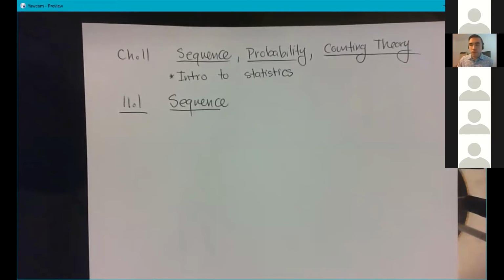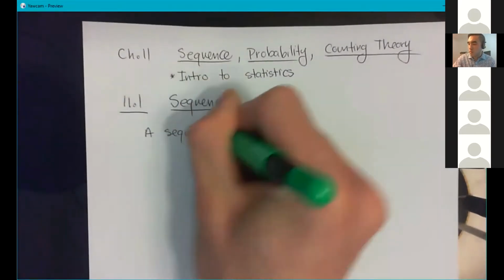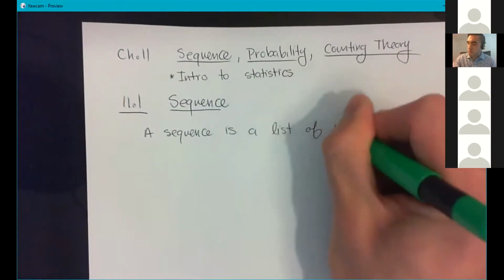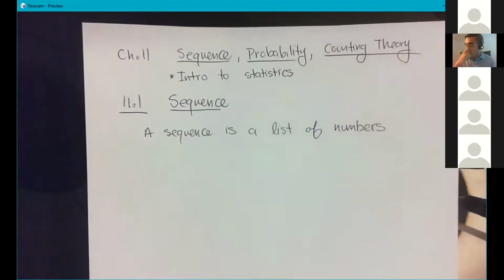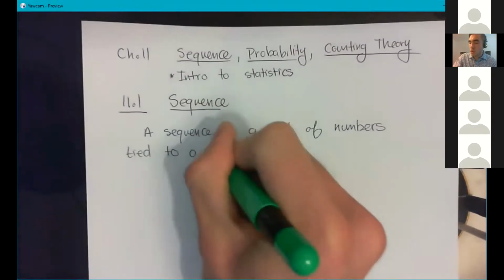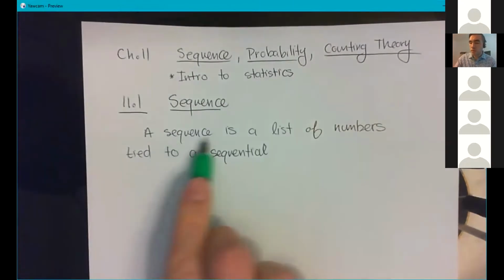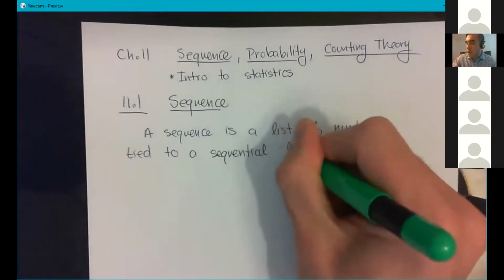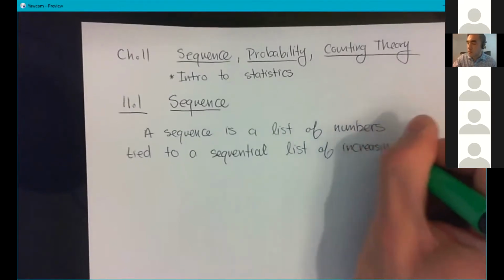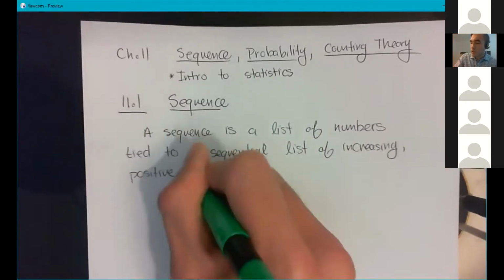So just to start it off, a sequence is simply a list of numbers tied to a sequential list of increasing and positive integers.